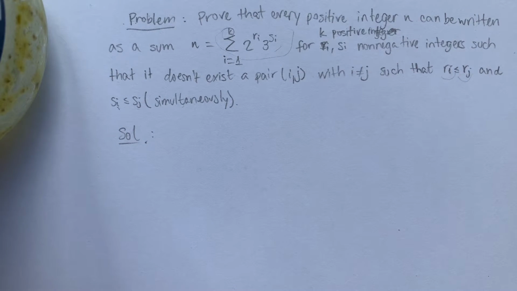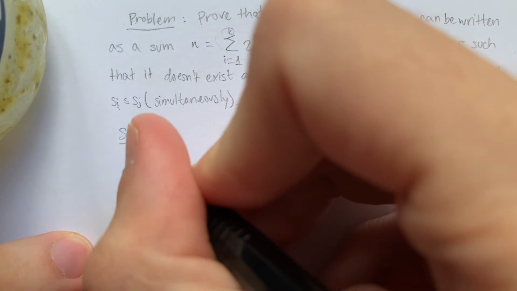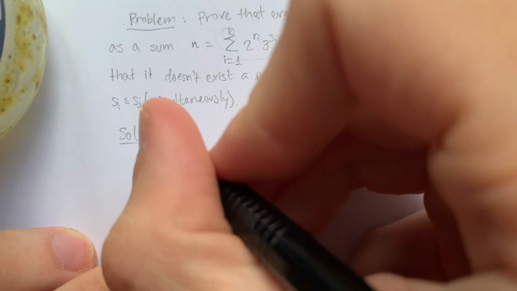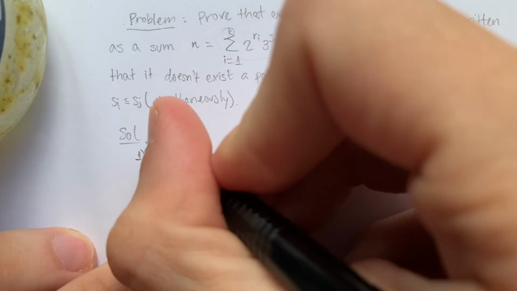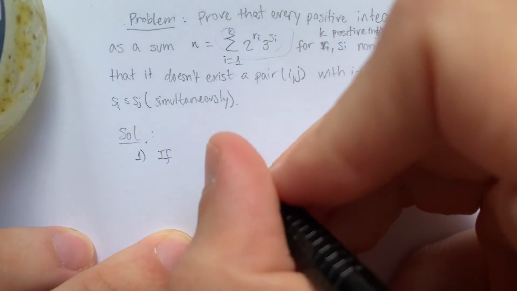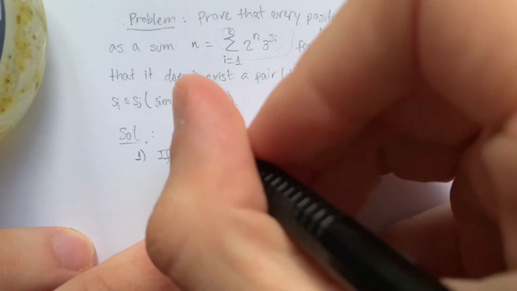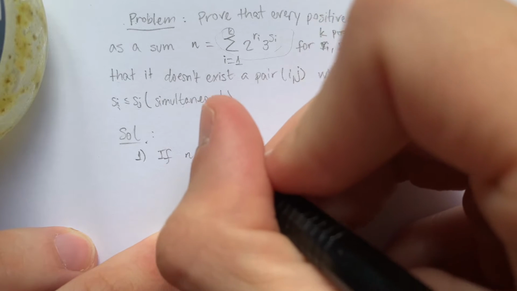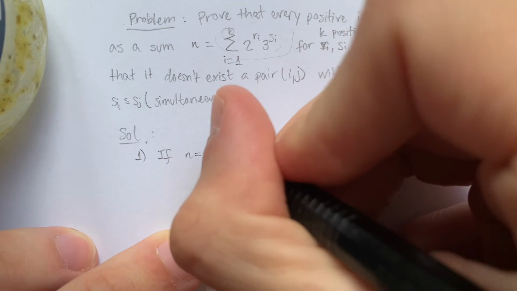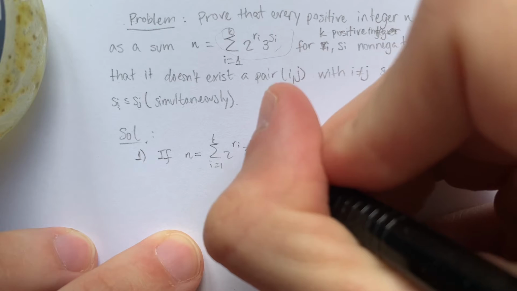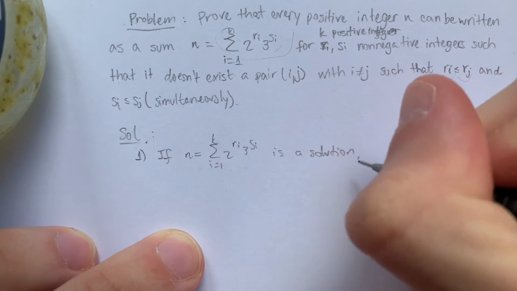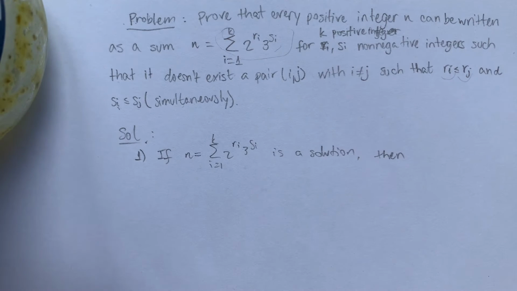At first, the first remark that we can make is that if we have a solution for n, then we can multiply it by any power of 2 and by any power of 3.